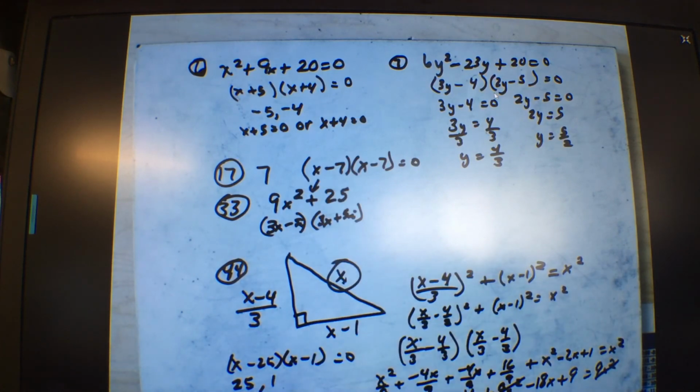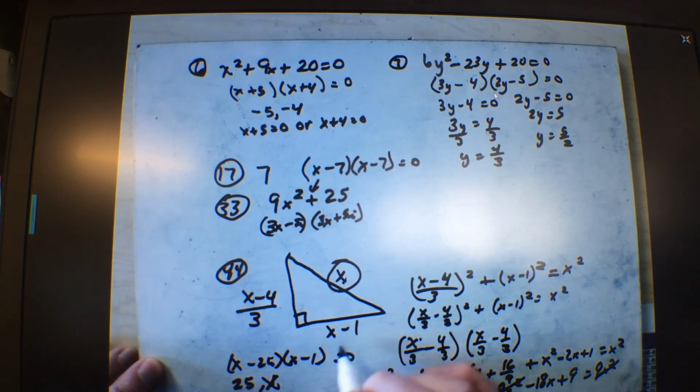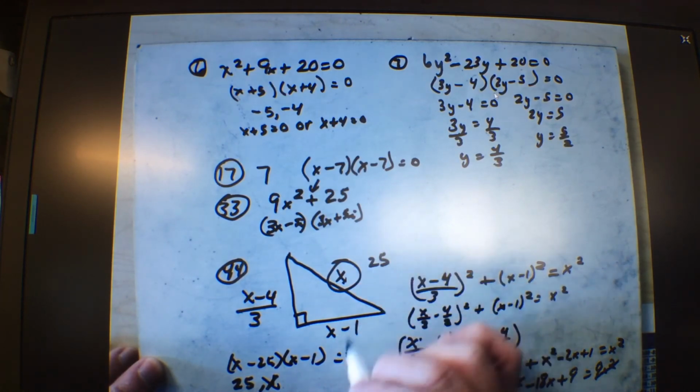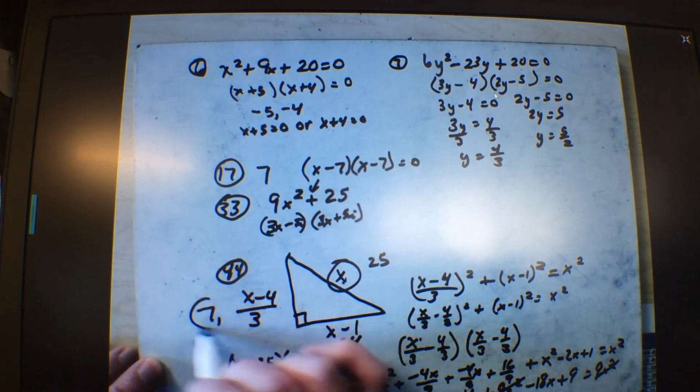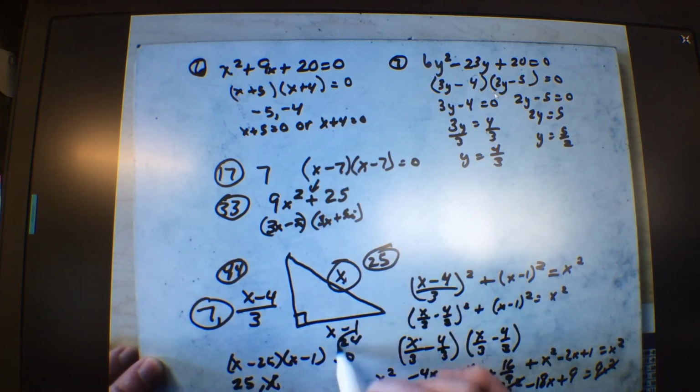Can it be 1? Why can't it be 1? Because your hypotenuse would be smaller than these. So we throw it out. So this is 25, this is 24, and this is 25 minus 4, which is 21, divided by 3, this is 7. So you have 7, 25, and 24.